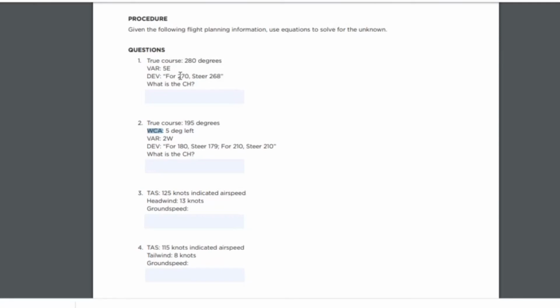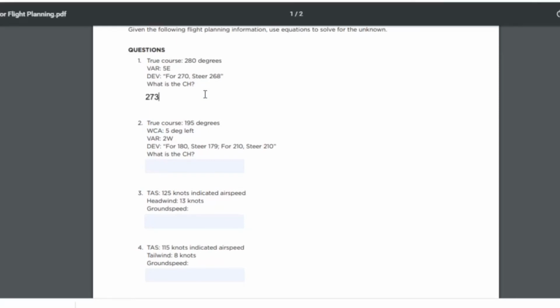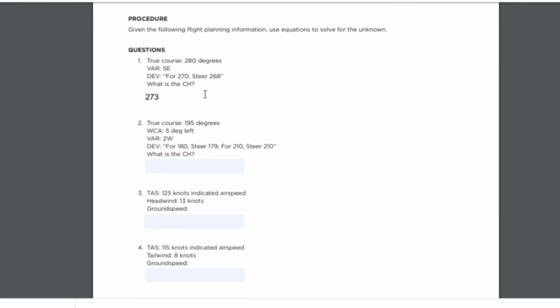And here it says on your compass correction card, if you wanted to go 270, you steered 268. So we're going to take that 275 and subtract 2, and we're going to get 273. Is that what you got? Yeah. Okay. So that one is a little confusing, but the second one's a little more straightforward.